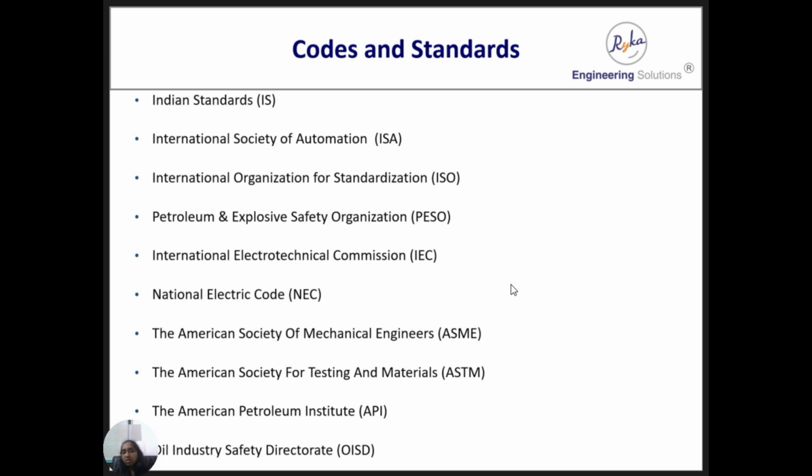ASME and ASTM are for mechanical connections and all. ASME and API are again for pressure vessels and pressure equipment like pressure safety valves. So all these codes and standards are very important while executing detail engineering in every project.